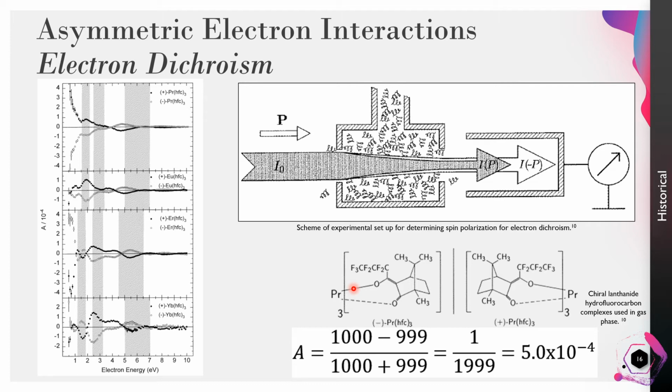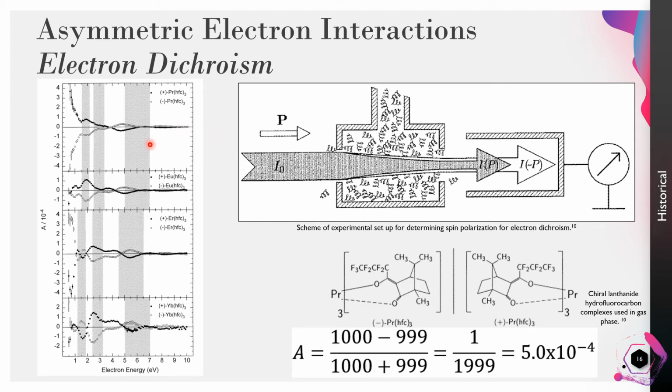However, they used these hydrofluorocarbons shown here, and these were lanthanide complexes, and they believed that it was due to the high degree of spin-orbit coupling that you would see with these high atomic weight elements, that you'd get these asymmetric results, where at low electron energies, you get a great deal of asymmetry based on the enantiomer that your gas is comprised of.